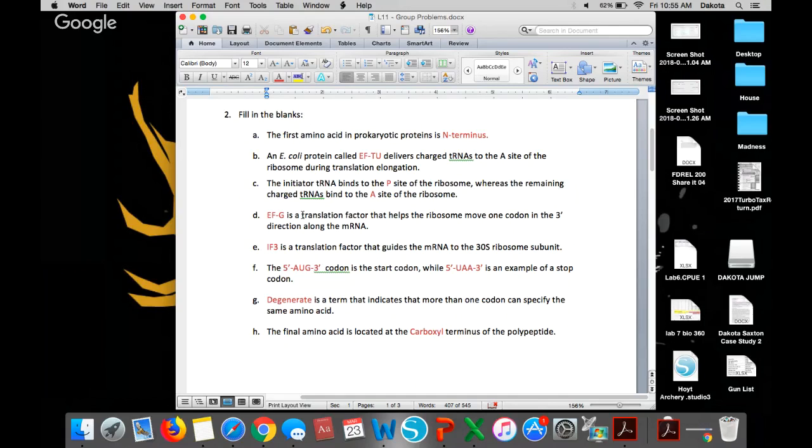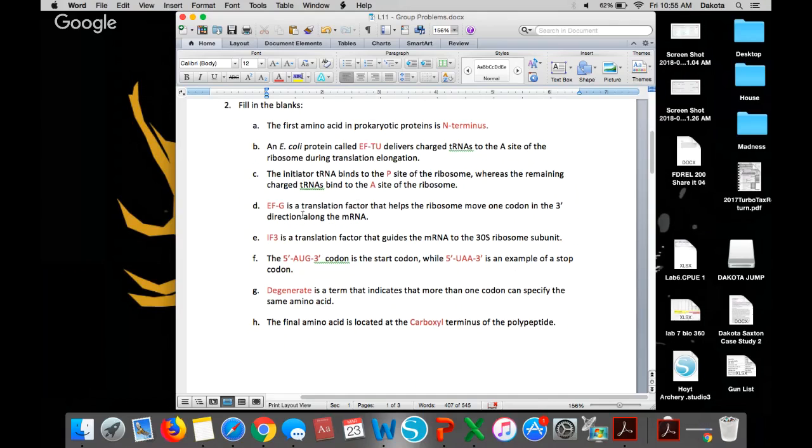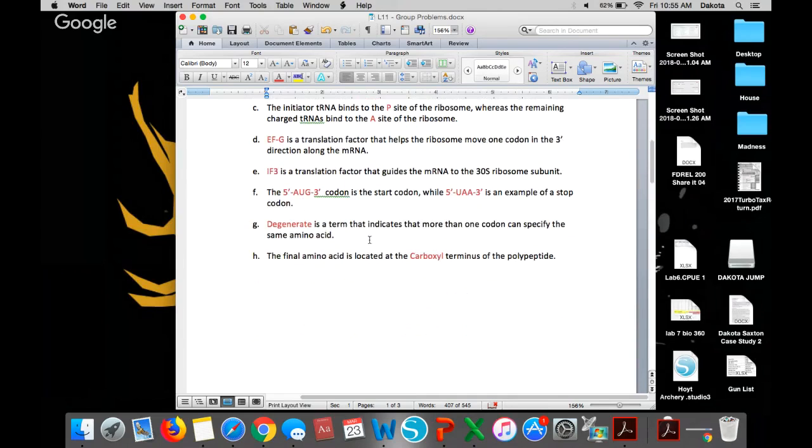And then IF3 is a translation factor that guides the mRNA to the 30S ribosome subunit. And then the 5' AUG 3' codon is the start codon, while the UAA is an example of a stop codon.